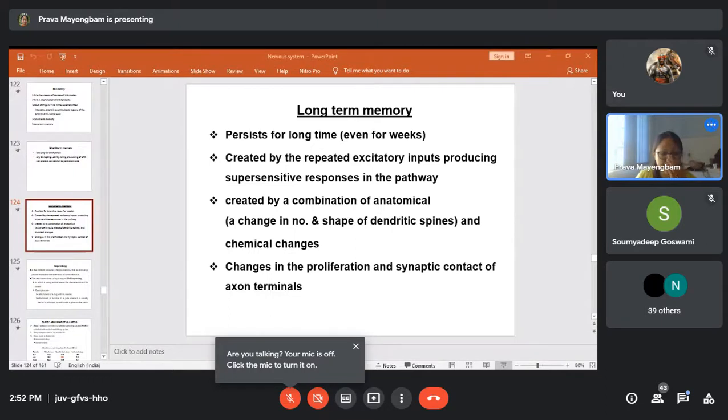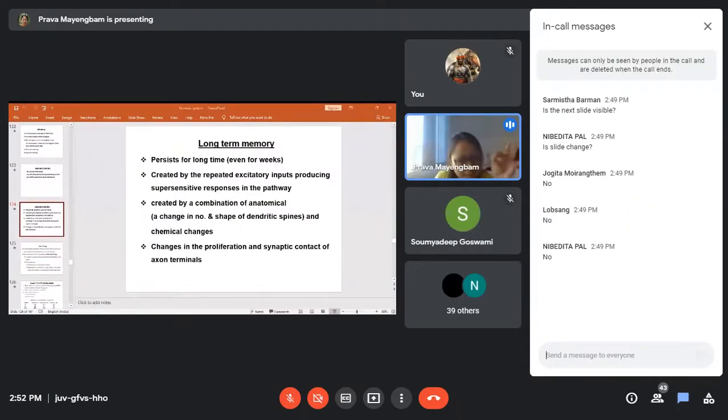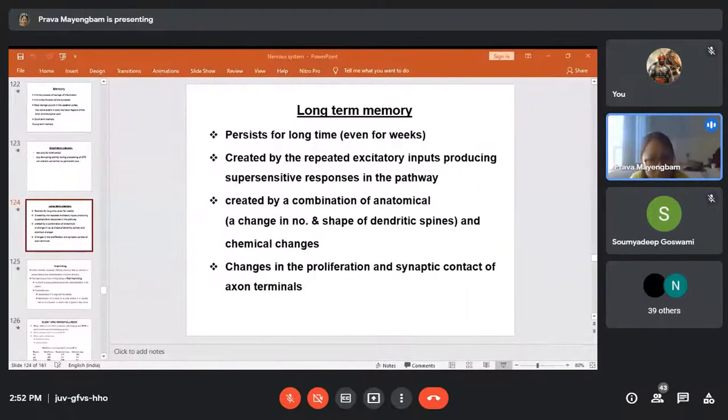That's why there is involvement of a combination of anatomical and chemical changes, and also changes in the proliferation and synaptic contact of axon terminus. That means there have to be repeated synapses between numbers of neurons.